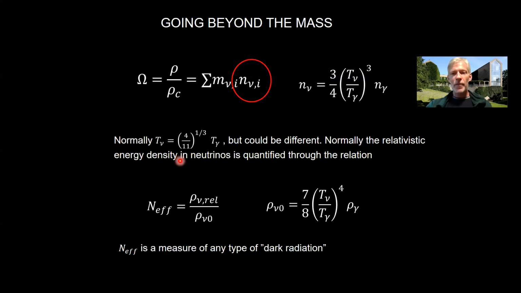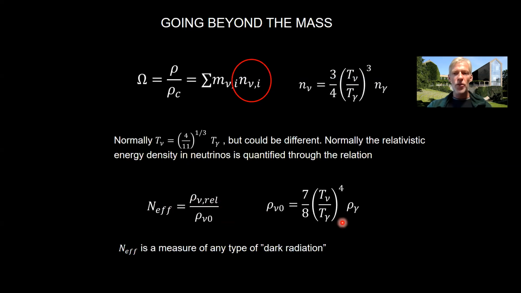If you go back in time, Big Bang nucleosynthesis was historically the most important probe of this number. But nowadays, the CMB is also a very powerful probe, and actually by now more precise. So the way it's done is typically you define the so-called effective number of neutrino species, which is the total high energy or high temperature energy density in neutrinos divided by some normalization that we call rho nu naught, which is defined like this.